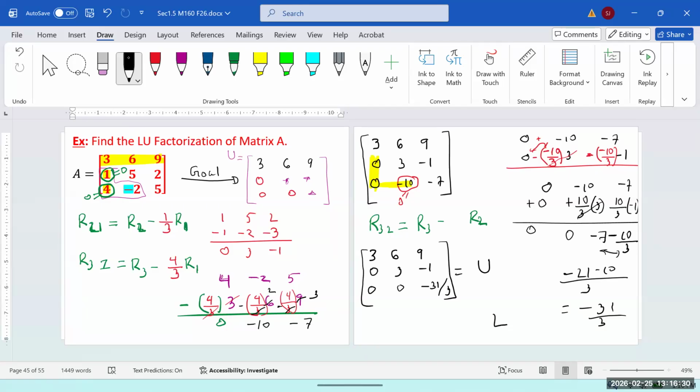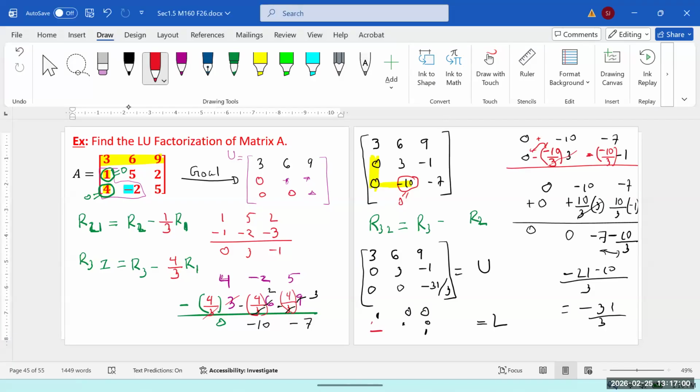Now for L, we already have the L. The characteristic or the outline for L is we have diagonal all 1, and we have these zeros, and to get rid of this position for our U matrix, we multiply by negative 1/3.